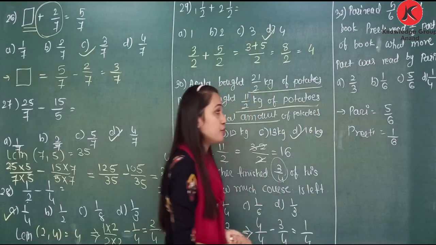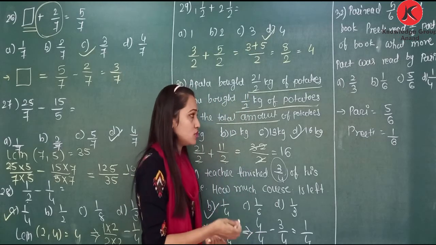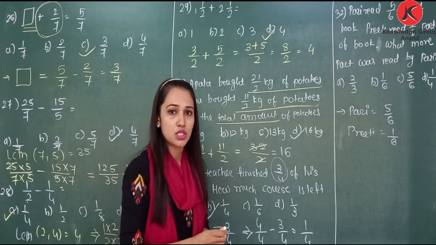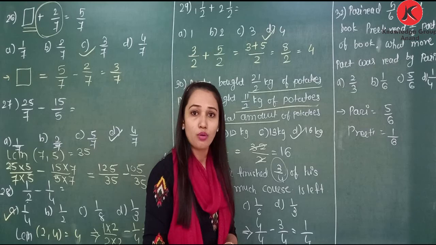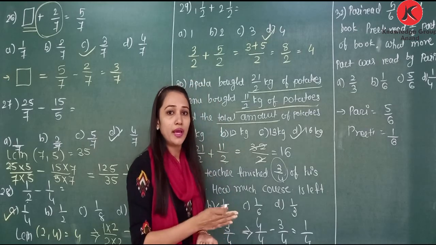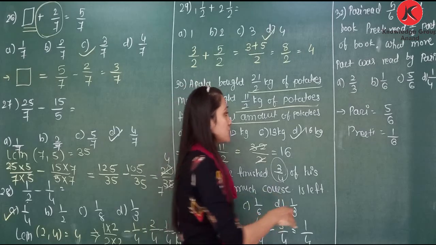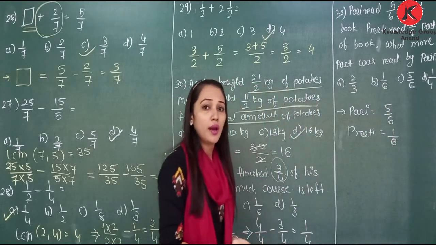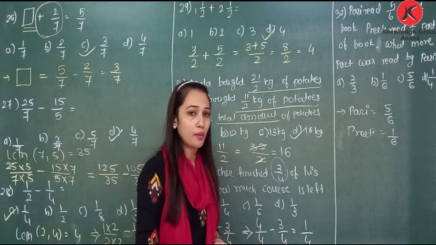For example, if you read 20 pages and your friend read 15 pages, it means you read more pages. How many pages more did you read? 5 pages more. How can you get that answer? Subtraction of 20 minus 15. So same here, if we subtract 5 by 6 and 1 by 6, we get the number of parts more read by Pari.